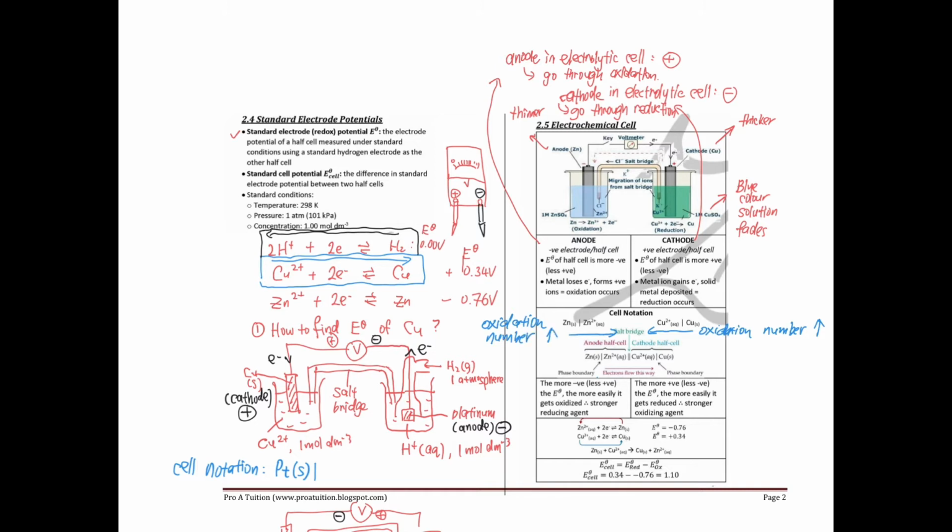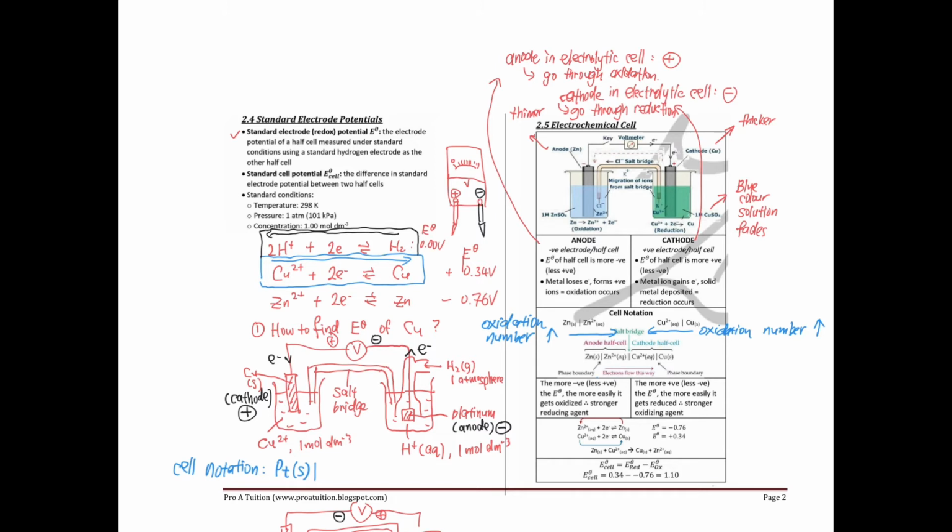Because of this, we can decide easily. The oxidation number of H2 is 0, and H plus is positive 1. So 0 comes first because the oxidation number increases. We follow the ascending order: 0, then positive 1.